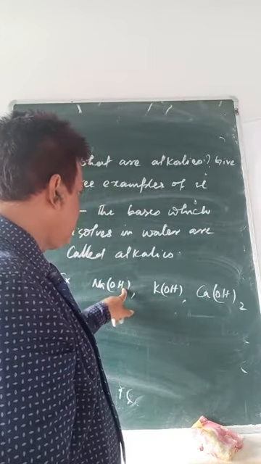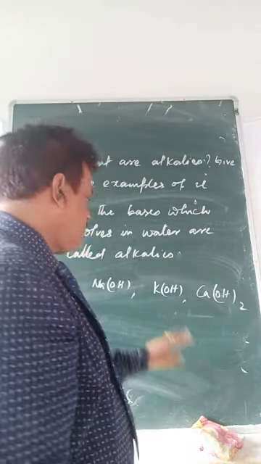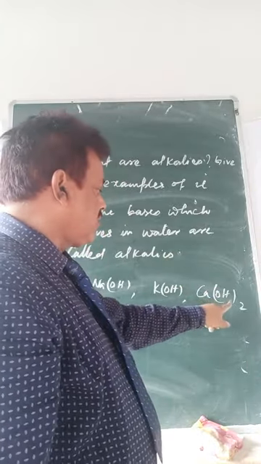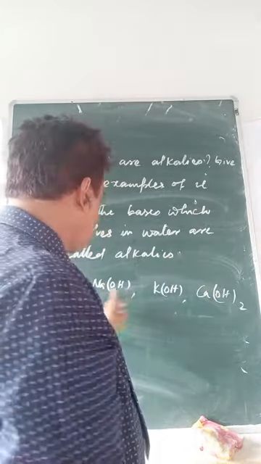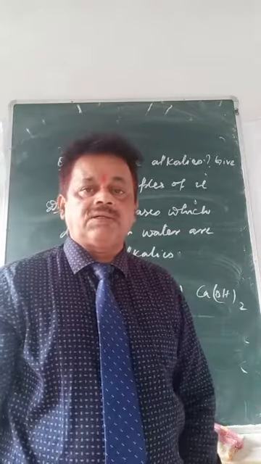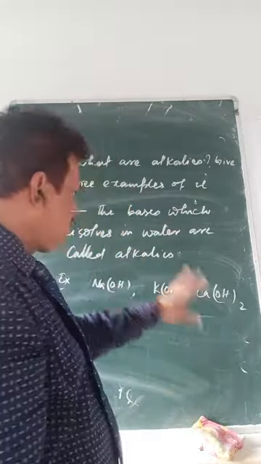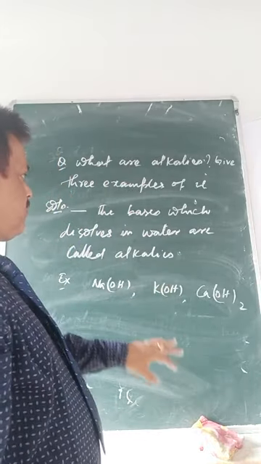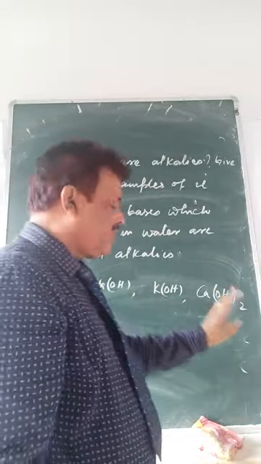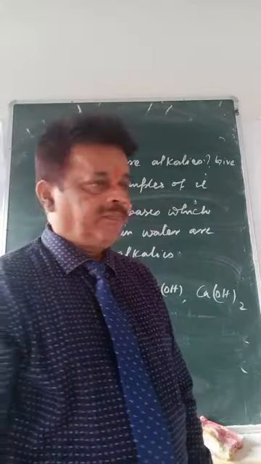Sodium hydroxide will dissolve in water, potassium hydroxide will dissolve in water, calcium hydroxide will dissolve in water. So they are called alkalis because these compounds dissolve in water. But there are other examples which are called bases.